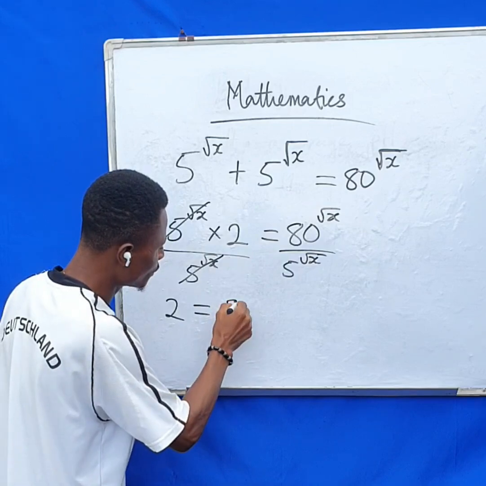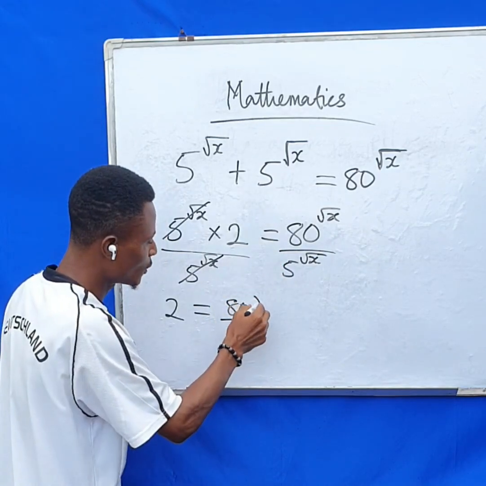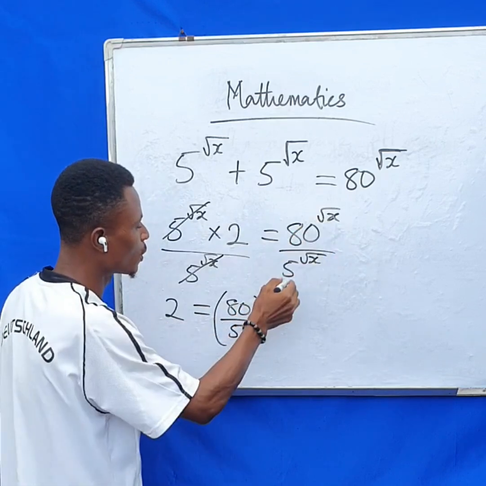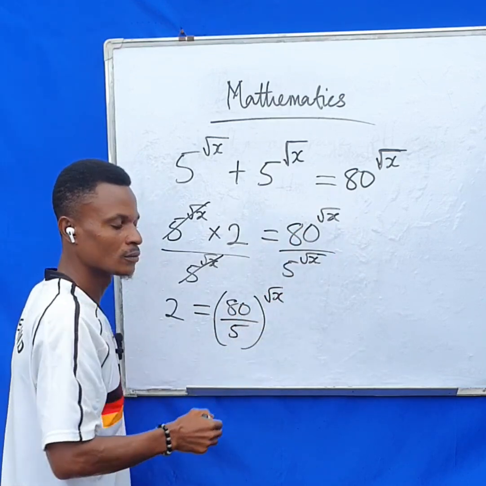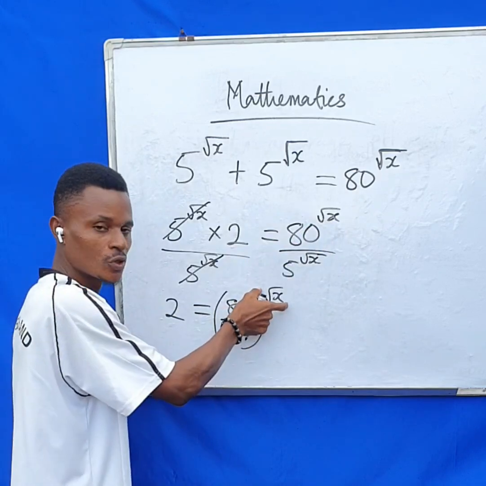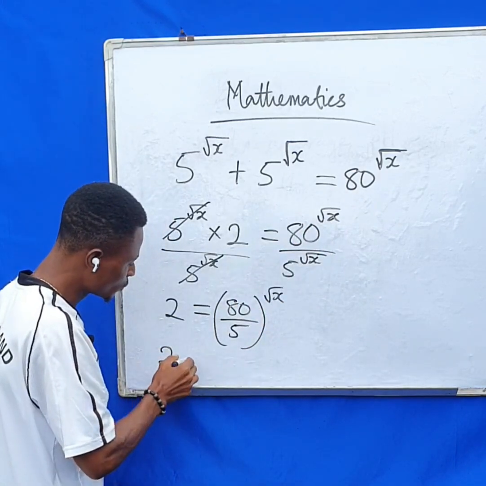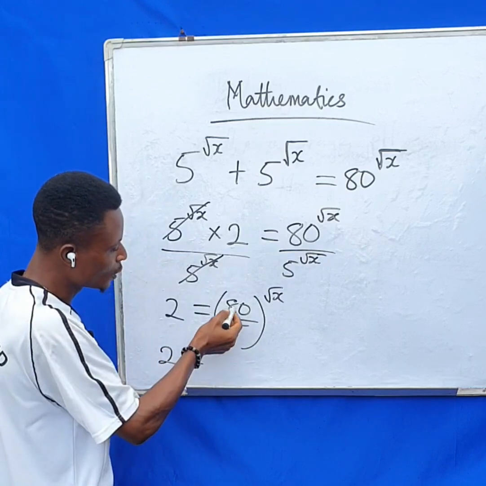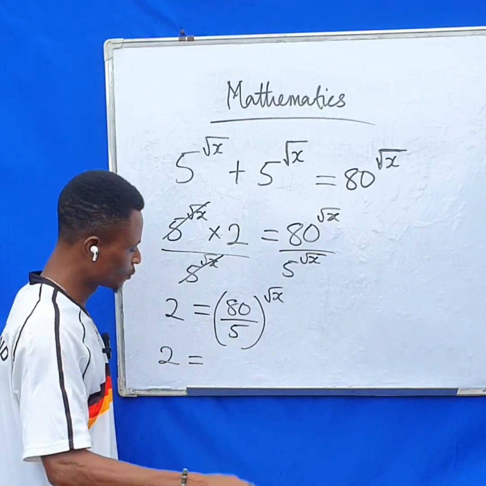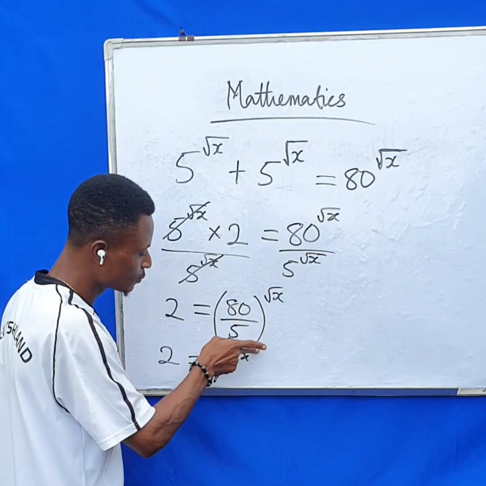That is 80 divided by 5, and then you raise them to the common power, which is square root of x. Now let us divide. We have 2 equal to 80 divided by 5, which gives us 16. So we have 16 raised to the power of square root of x.